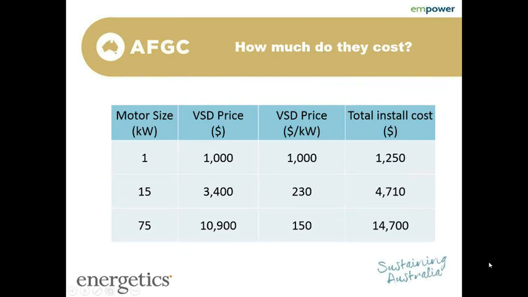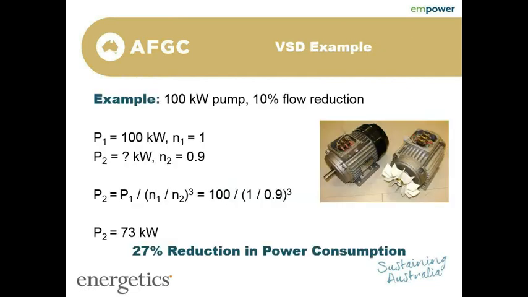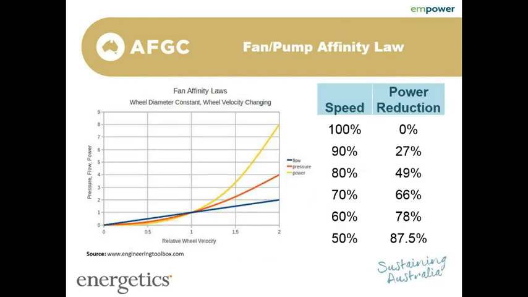So this graph here on the left shows the relationship between the flow, the pressure, which you can look at as force as well, and the power. You can see there's the relative speed or the wheel velocity down the x-axis.